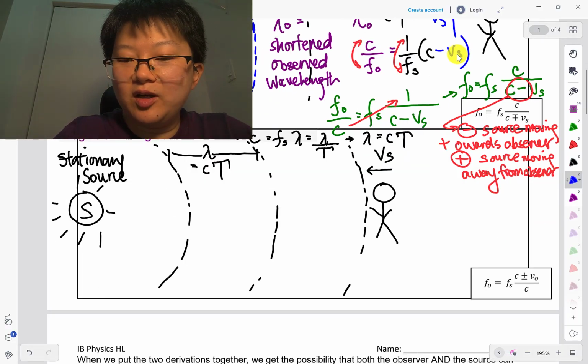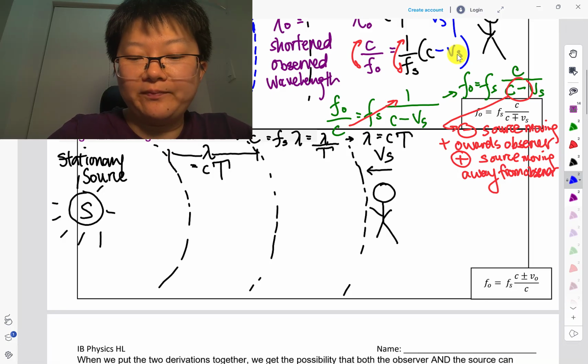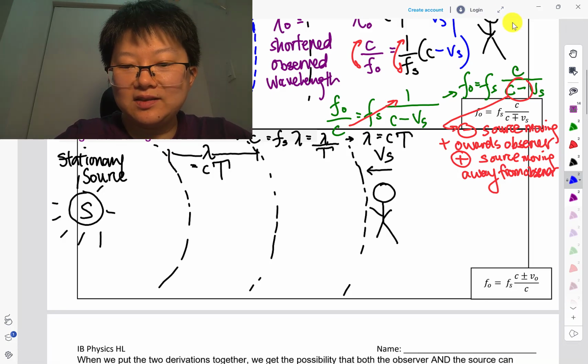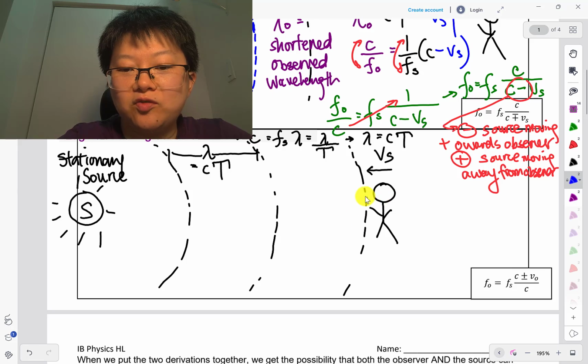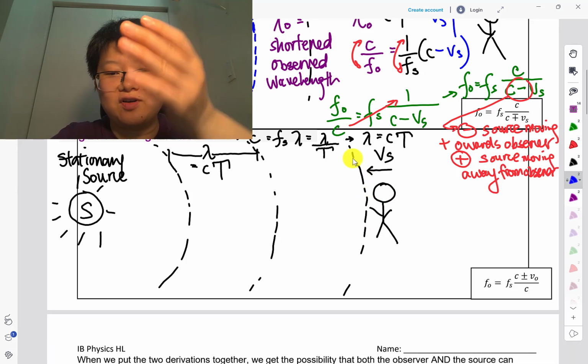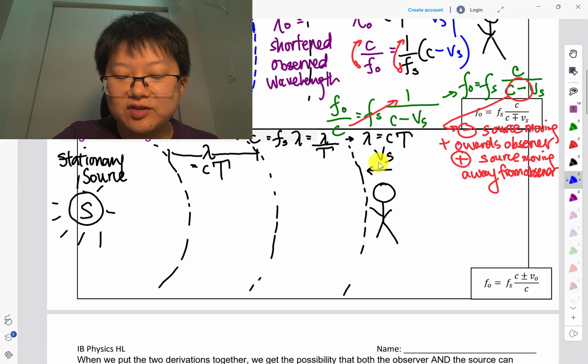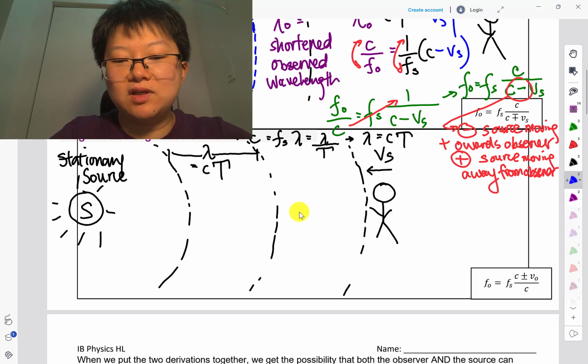Now, if my observer is moving, let's say that my observer detects a wavefront right here at this spot where I've drawn this person.